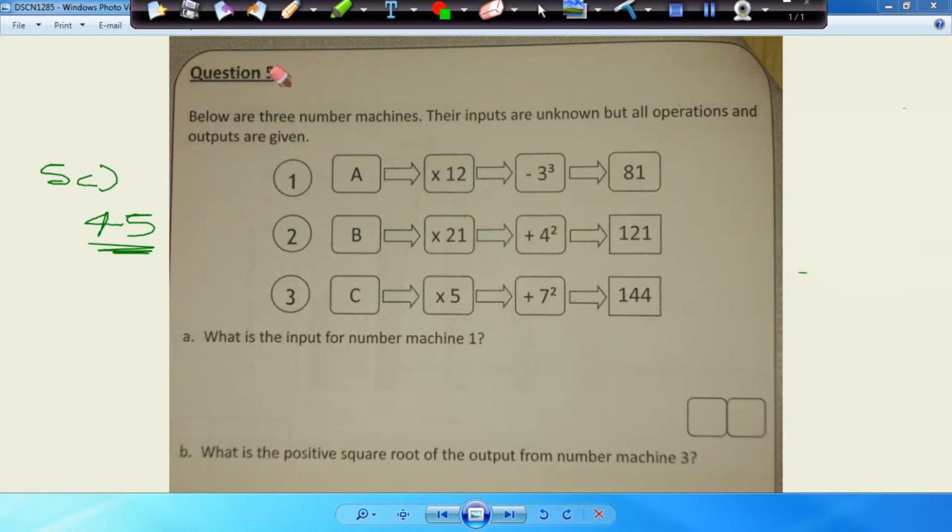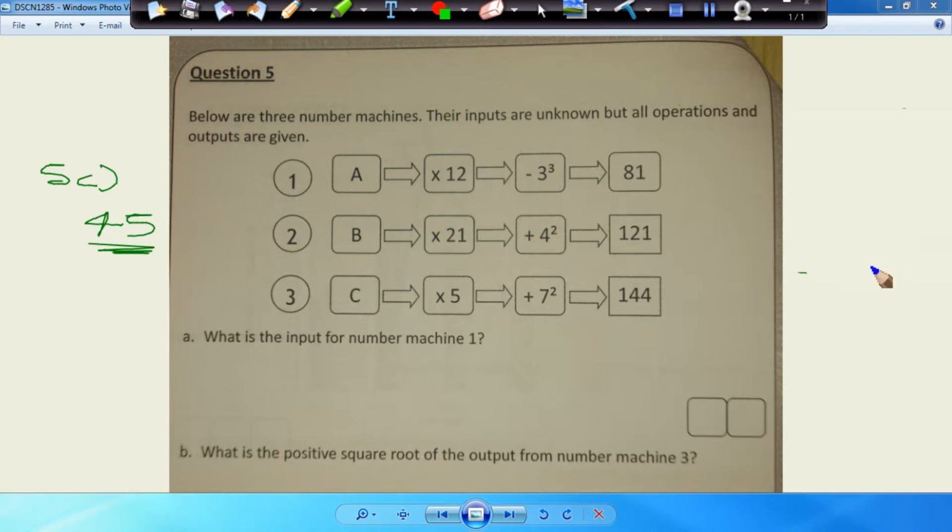Okay, 5C, 5D. 5 part D. What is the output from the number machine 3 less than the output from the number machine 1?